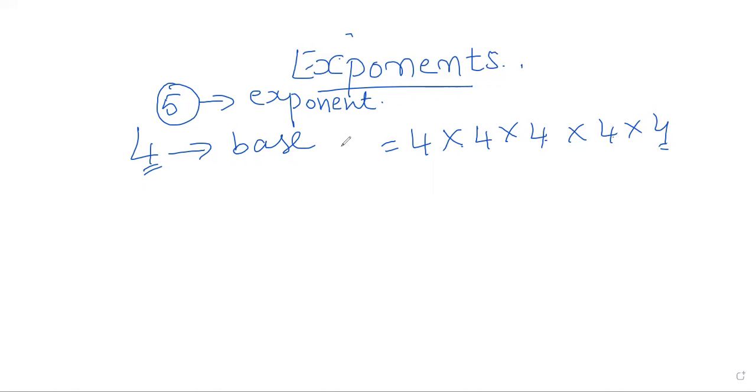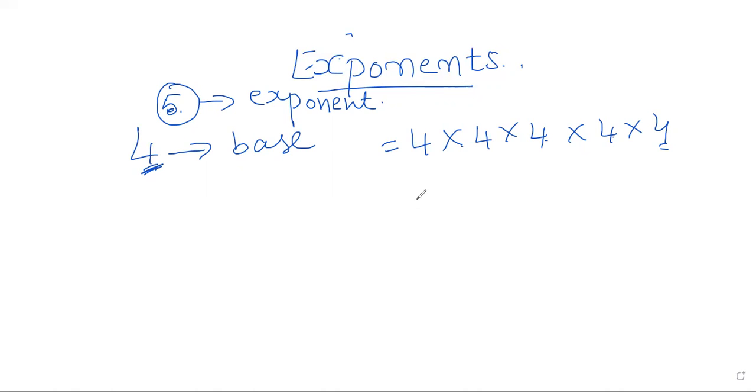Okay, children? See, what is base? Base is nothing but the number which is multiplied by itself. We were multiplying the same number again and again, we are multiplying it by itself. 3 to the power of 2 means 3 into 3. So it is called base. And what is exponent? What does exponent tell us? The number of times a quantity is multiplied by itself.